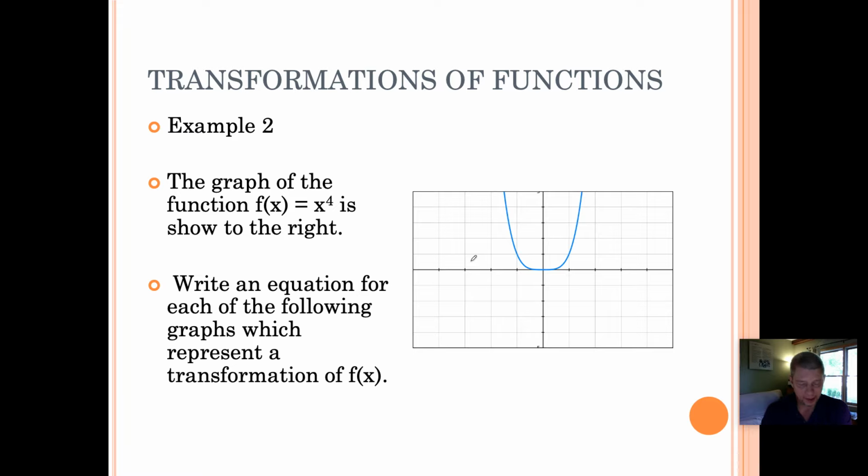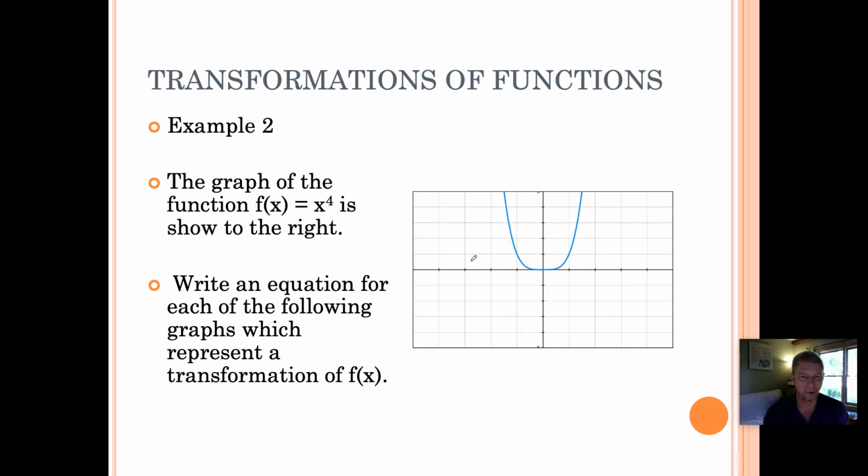But in this case, for the next few slides, I'm going to ask you to write an equation for each of the following graphs that represent a transformation of x to the 4th. And don't be surprised if not only do you see reflections, but you also see translations.